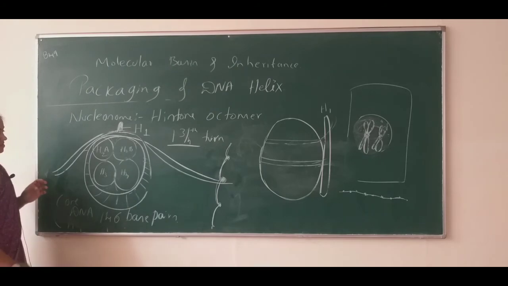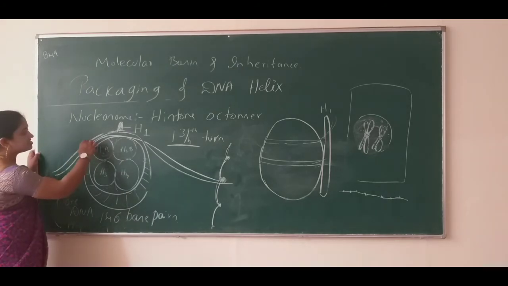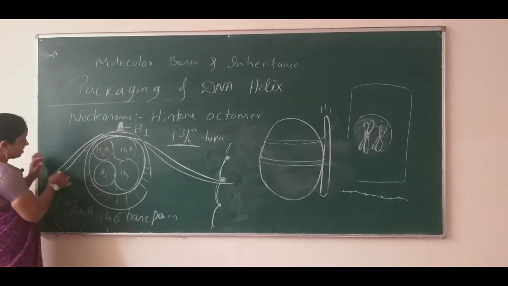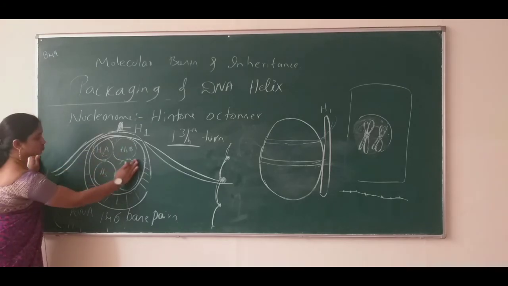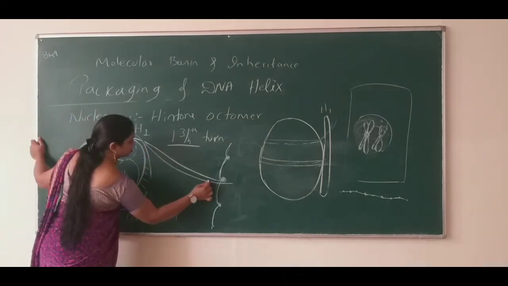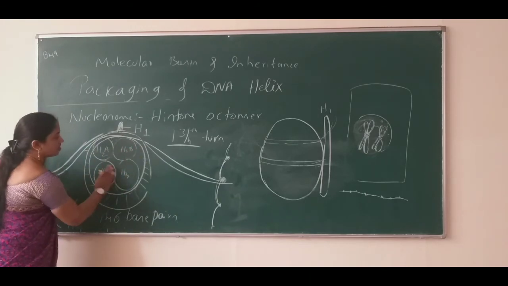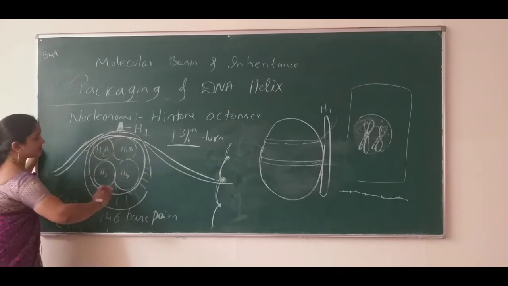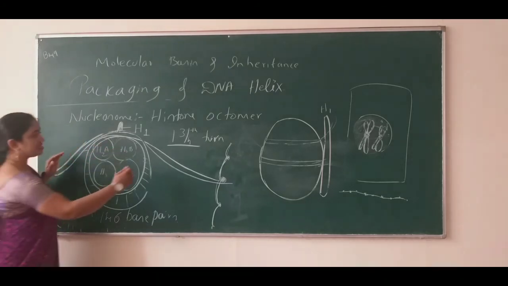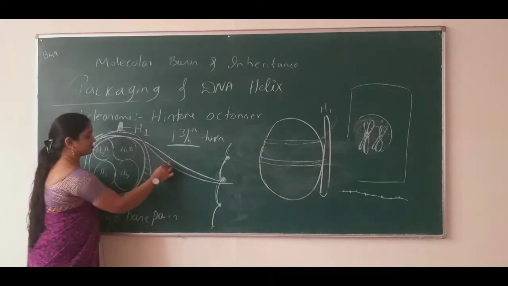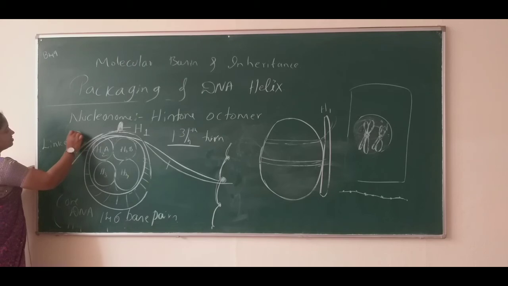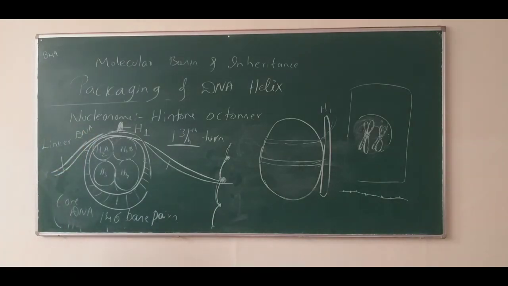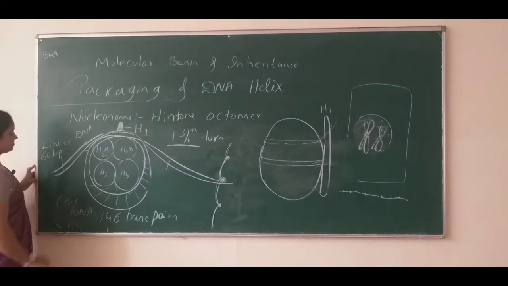You know what a base pair is. And the DNA which is leaving the histone octamer, this DNA strand which is not connected to the histone octamer, and this one also, not wrapped to the histone octamer, these two strands are known as linker DNA, and it has 60 base pairs.